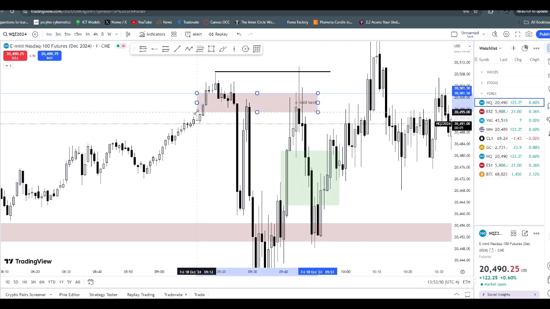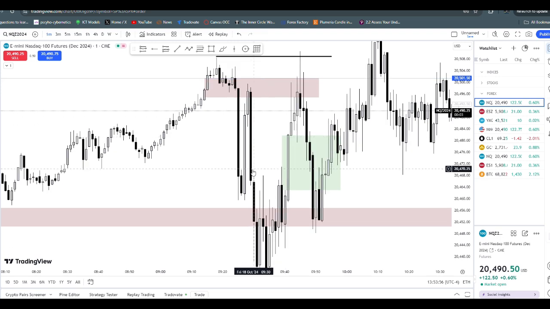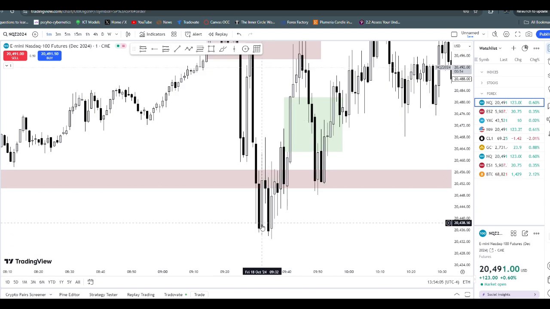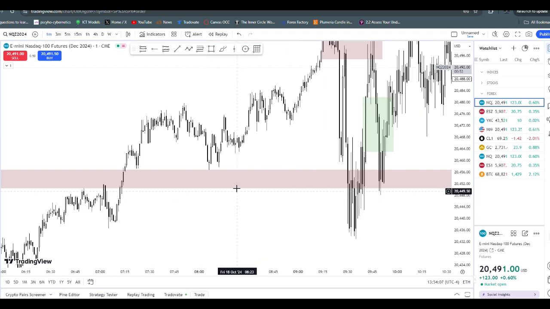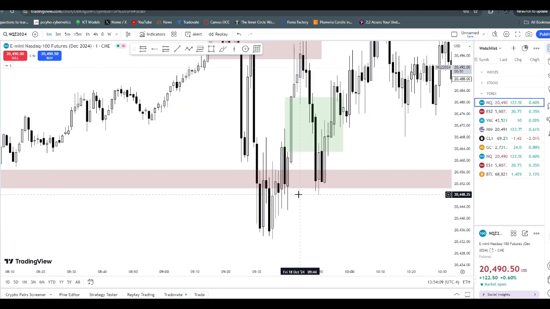It's one here and one here, so we just made one large one. It was inversed, it was retraced back into, and then displaced from. Obviously there was this inversion, but it was just way too volatile at this moment. You know, price almost closed above this one and then closed below this one. And we're showing that displacement underneath that 1 hour fair value gap I was talking to you about.